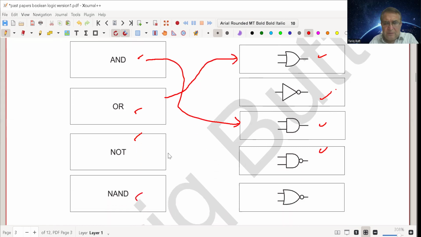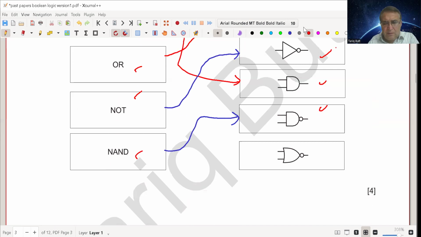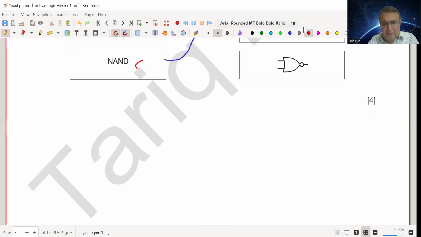Then NOT is this particular symbol. You can connect this with this, and this is NAND, the symbol for NAND is this, so you connect this, and that's it. So, a very simple question.